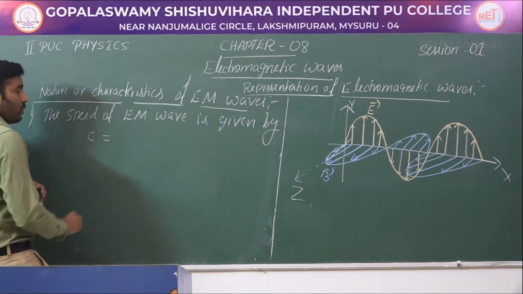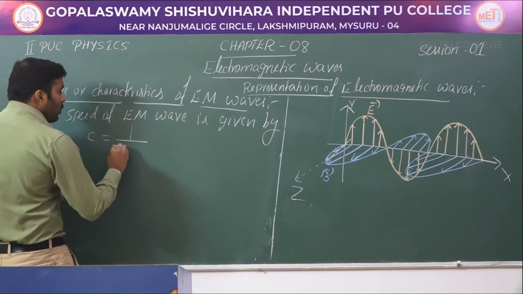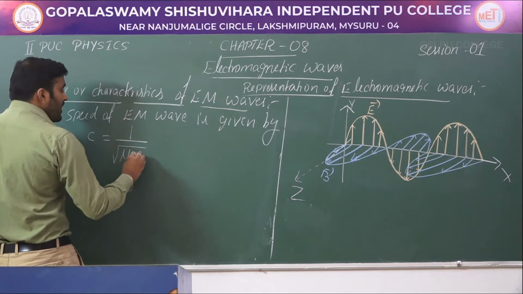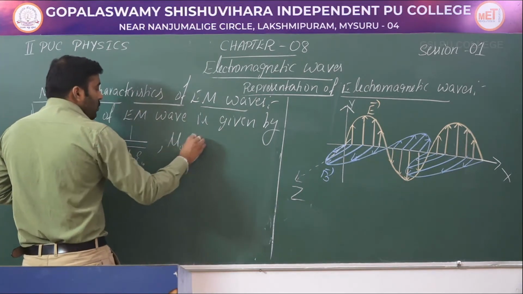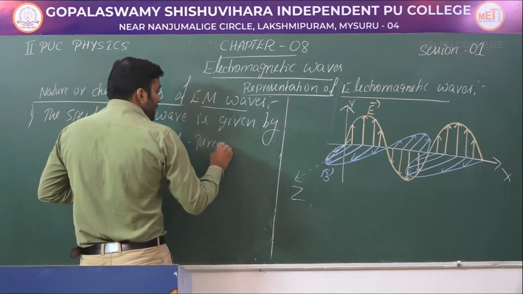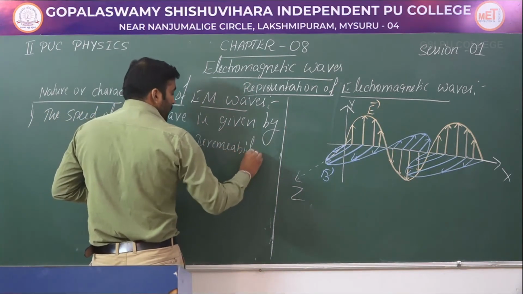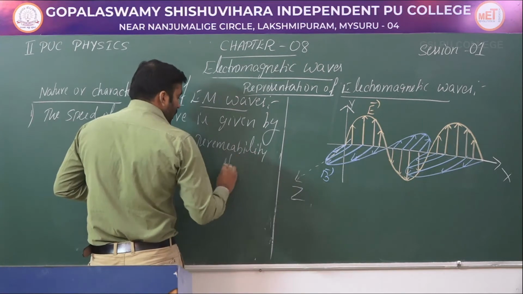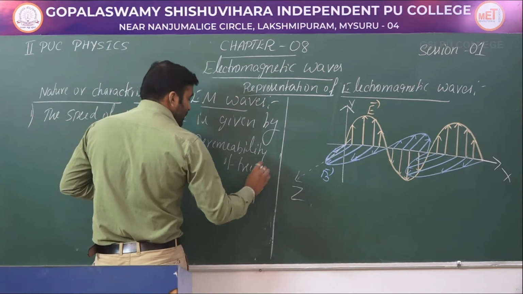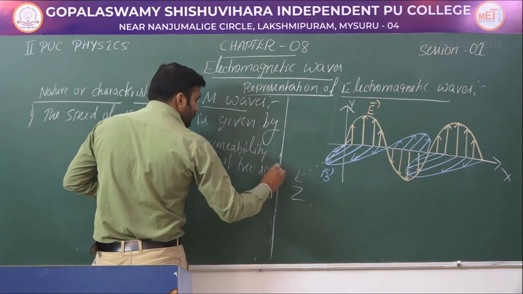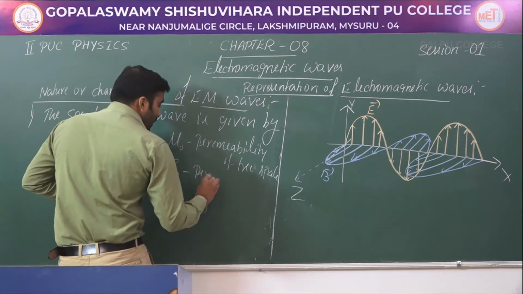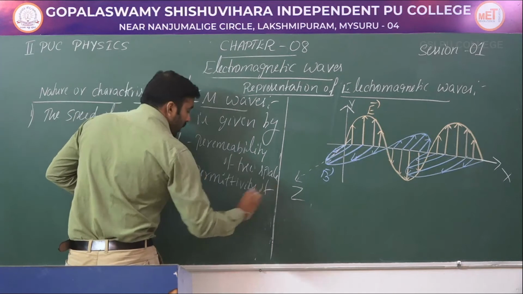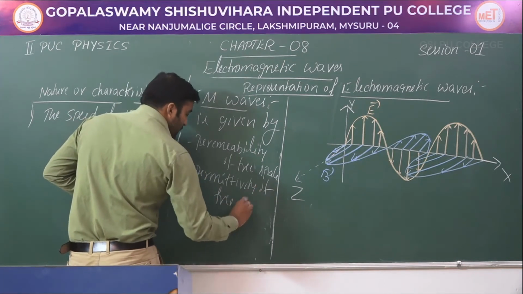c is equal to 1 over root of mu naught into epsilon naught, where mu naught is the permeability of free space and epsilon naught is the permittivity of free space.